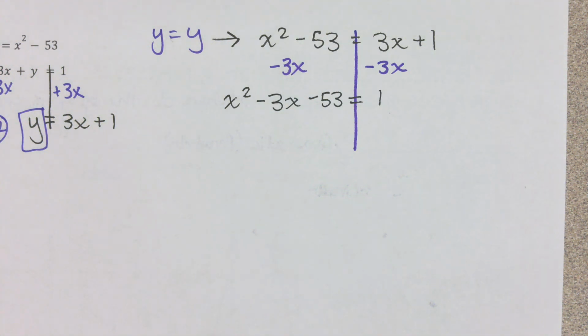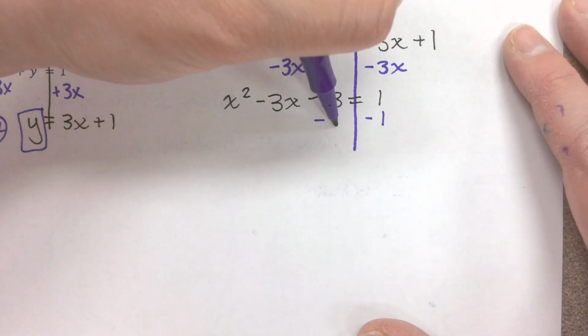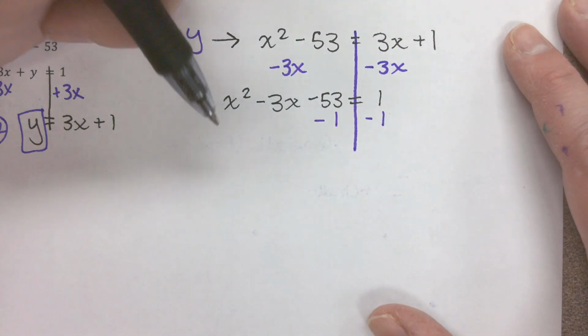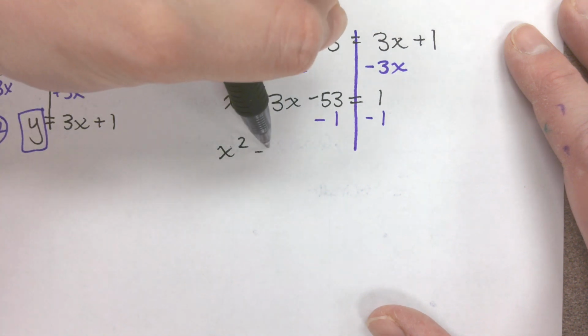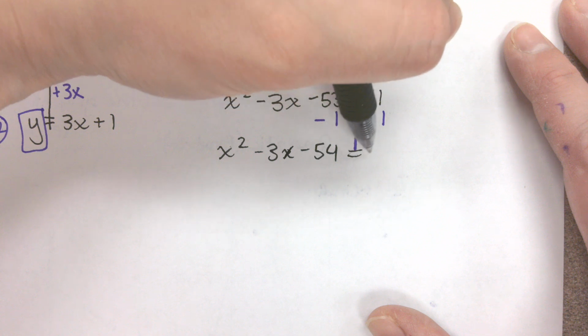It's just going to become part of the left side. Again, we need to move this 1. We're going to minus 1 on both sides, put it under the 53. X squared minus 3x minus 54 is equal to 0.